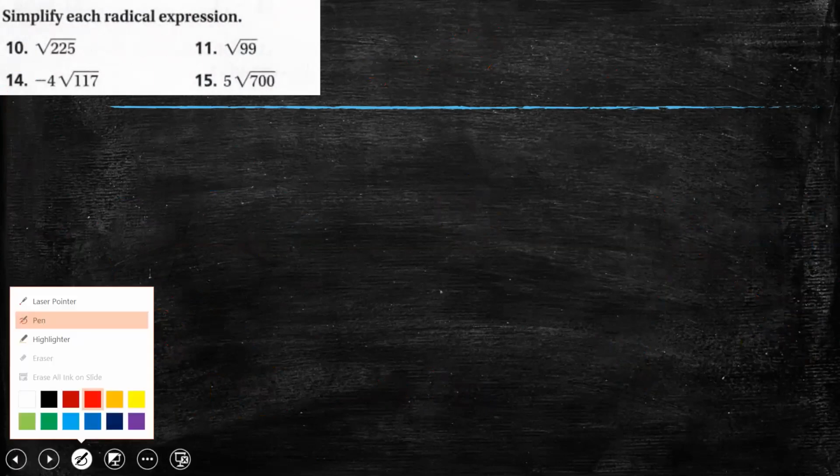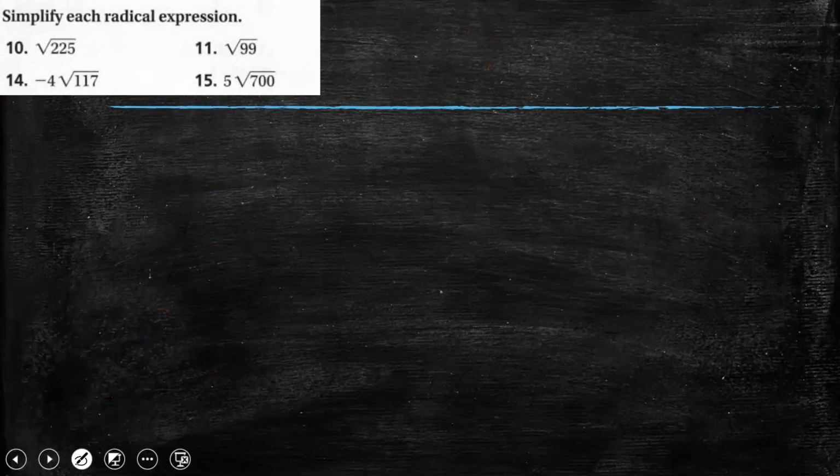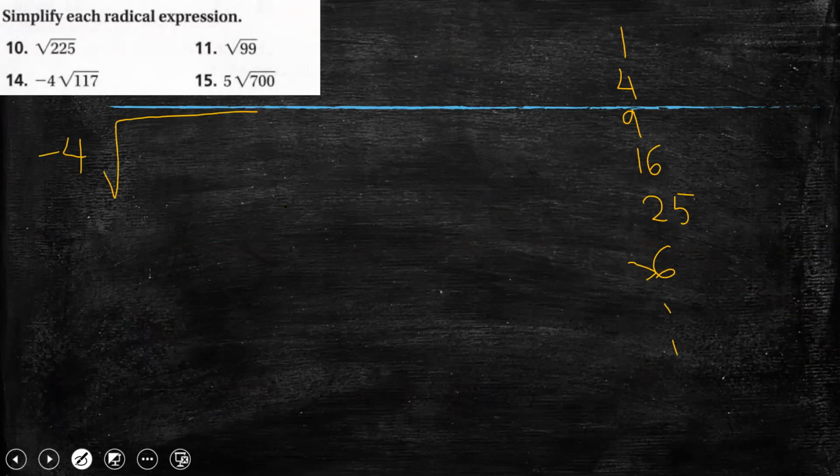For the perfect square way, what did we have to do? As we said yesterday, we have 1, 4, 9, 16, 25, 36, and so on. So what we have to do here in number 14 is look at any of these square numbers.